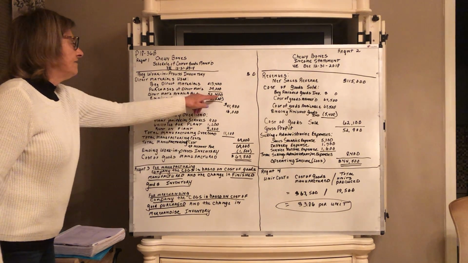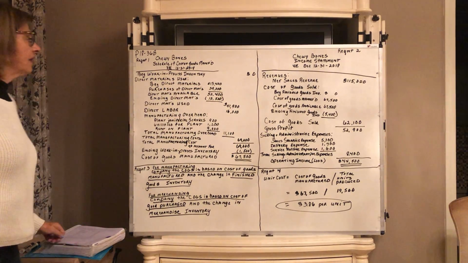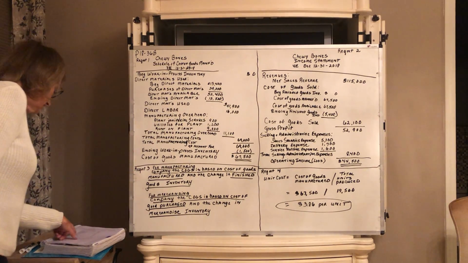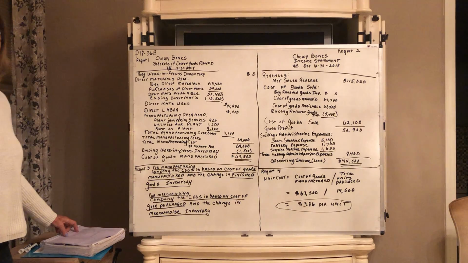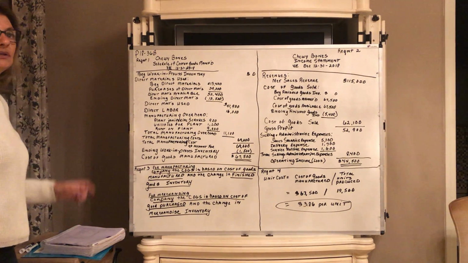So you had available materials to you to work with, $52,500. Subtract the ending direct materials, which is $10,500. I'm reading it right from the book. If you're online and on Pearson, you can see it in the little icons.